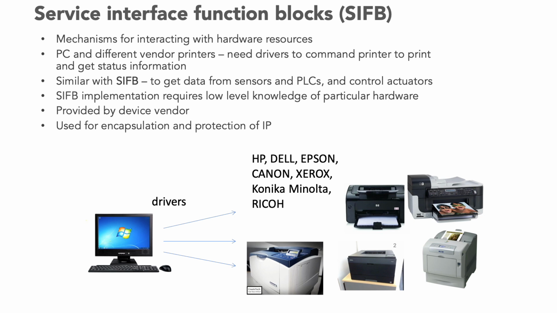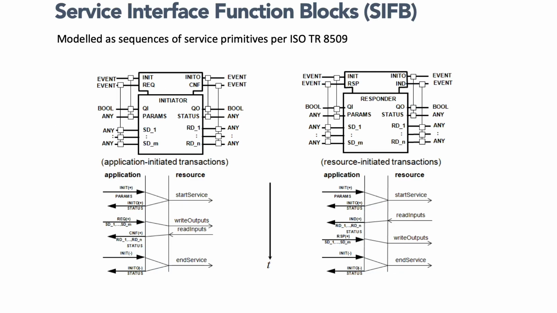When you want to create code and supply it as a black box to your customer, you can also develop it in the form of a service interface function block. In any case, the user of a service interface function block in most cases does not see the implementation, the code that implements this functionality.